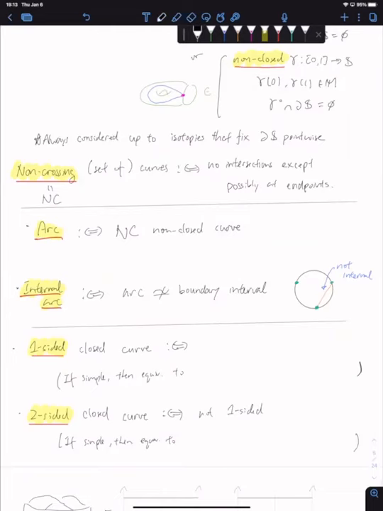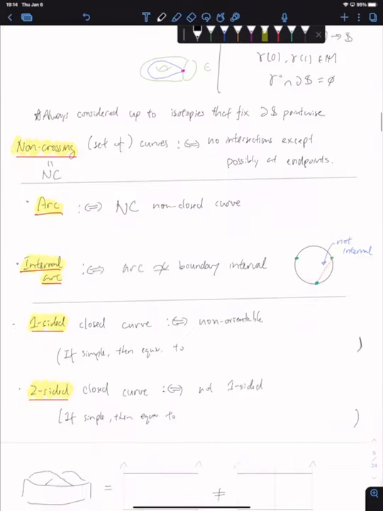Now I need to talk about something that does not happen in the orientable case, which is some special behavior of closed curves. There are two types of closed curves in a non-orientable surface. A one-sided closed curve is one that is non-orientable. The other class is the two-sided closed curves, which are the closed curves that are not one-sided.